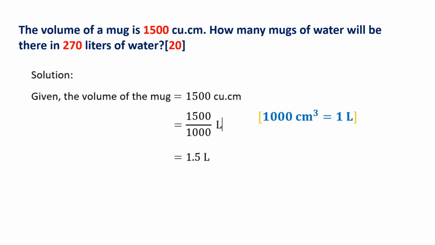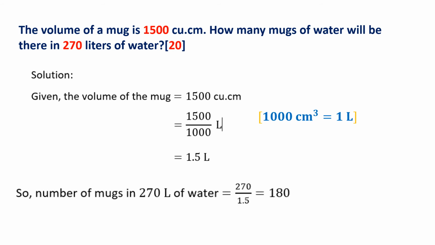So 1.5 is the volume of a single mug, and you have 270 liters of water, so you need to divide 270 by 1.5 to get your desired number of mugs, and it is 180 mugs. That's so cool and so nice. The important thing here is to remember that 1000 cubic centimeter equals 1 liter.